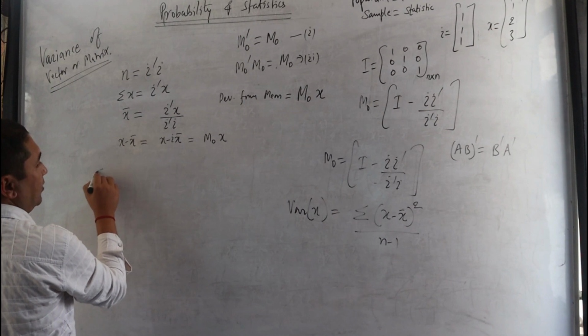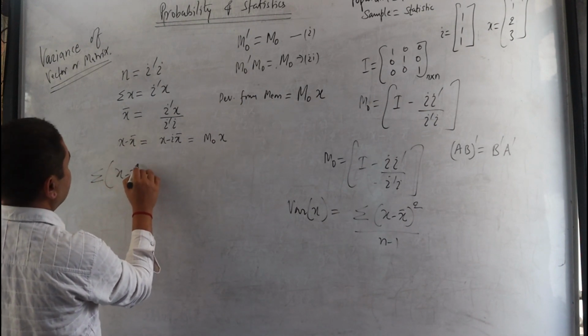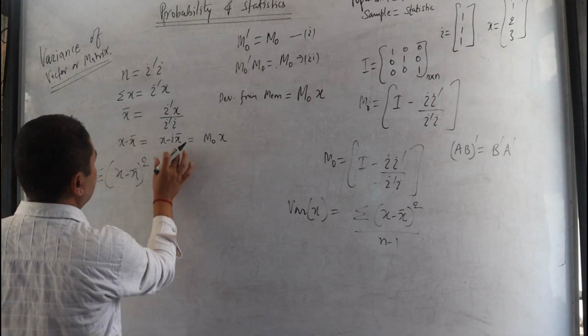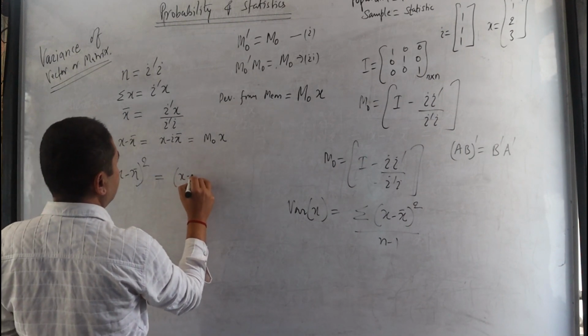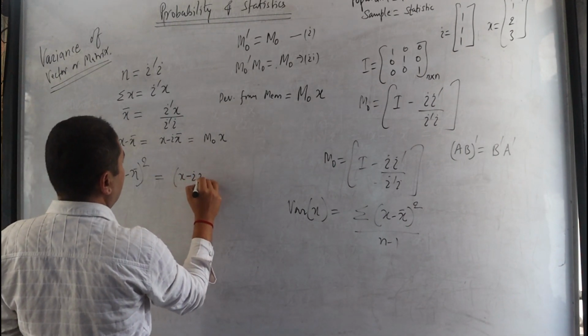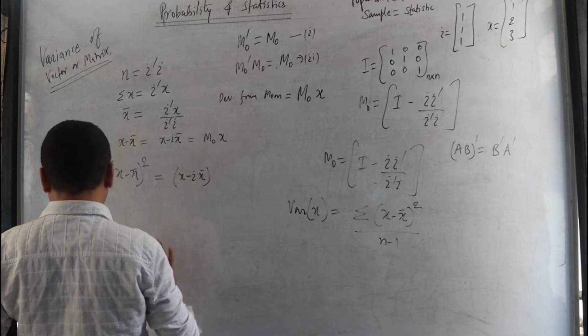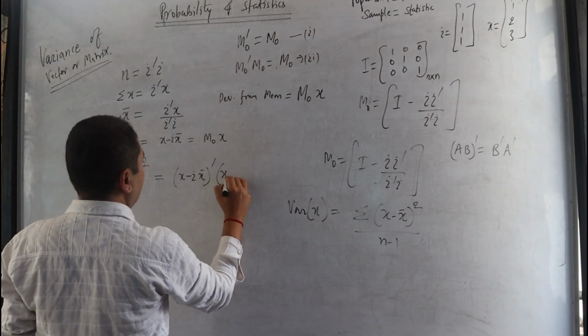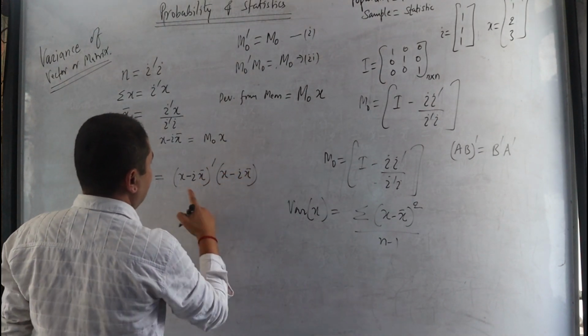So to calculate the equivalent of x minus x bar whole square, in matrix terms, this is equal to x minus I x bar transpose, times x minus I x bar.